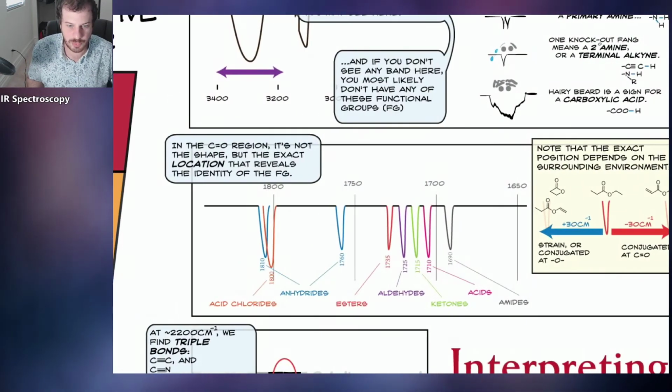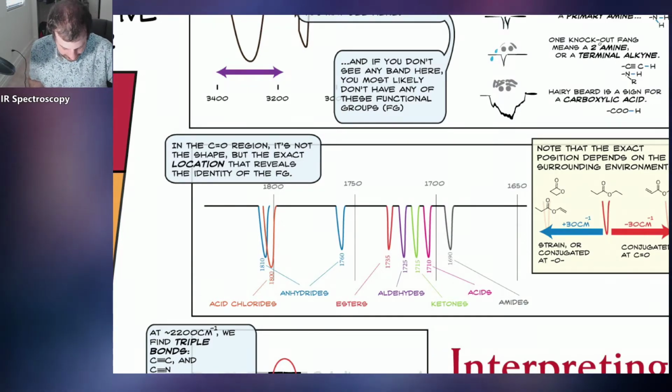The second region I want you to look at is the area between 1800 and 1650. And in this region, you'll oftentimes see a single peak there. And it's not so much the shape of the peak, but the exact wave number of that peak that tells you what kind of structure it is. This area is referring to the CO double bonds.